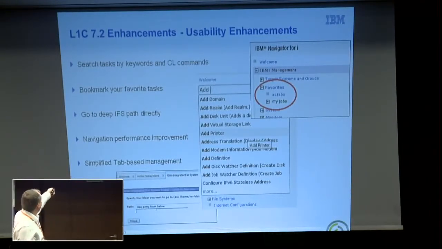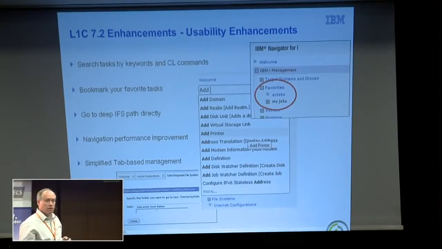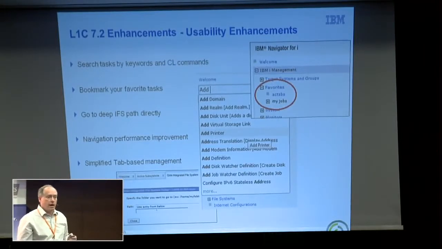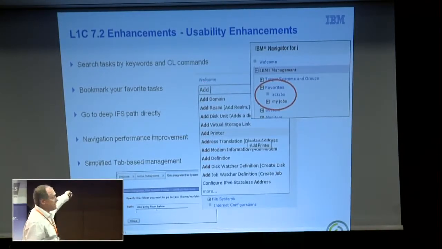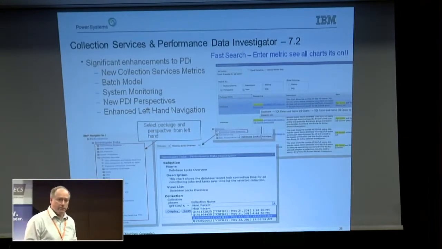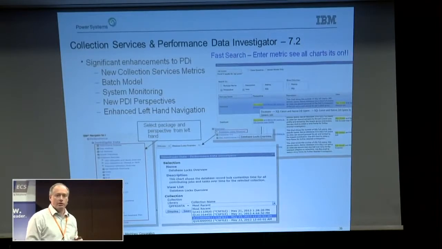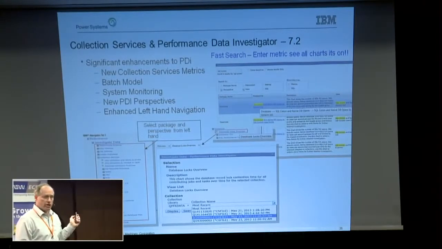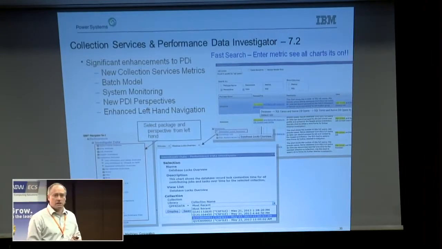I can now, in my quick search, enter the CL command name, and we show you the screen that it's on. Click, you're there. Or I can do things like this, and I can see all of the add screens. Click, I'm taken right there. Performance Data Investigator. This is one of the main reasons to consider using Navigator, to find out what's going on your system. We have a quick search that we added that allow you to find things much faster.